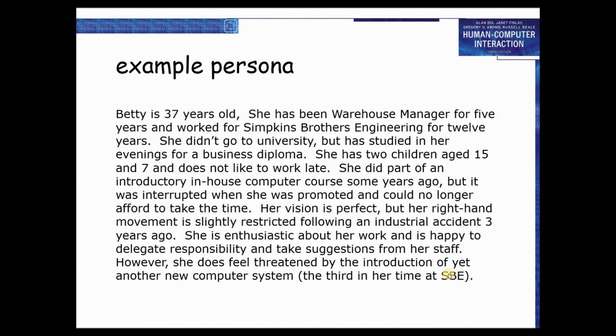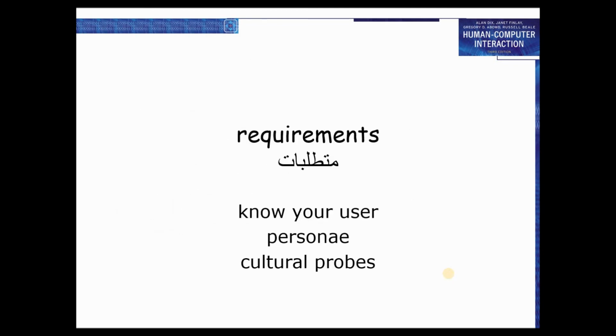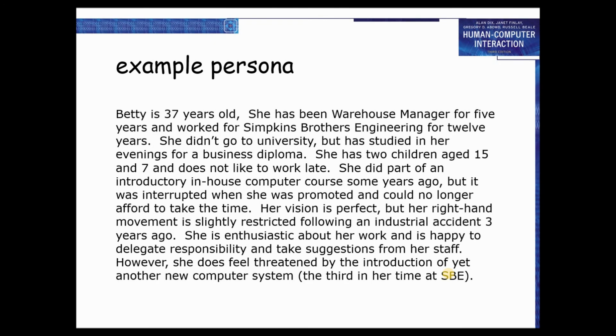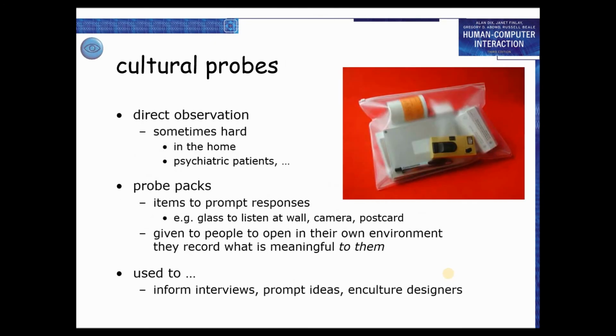So we have seen till now the two methods for requirements gathering. If you go back to know more about your user, that will give you information about overall requirements. Then was the persona, and the last one is now the cultural probe. So what is a cultural probe?